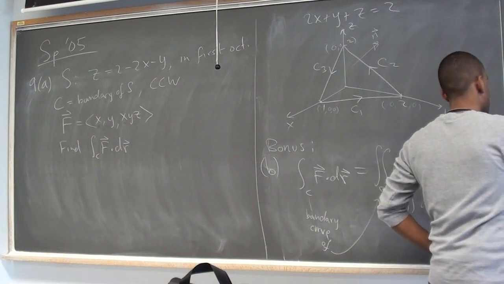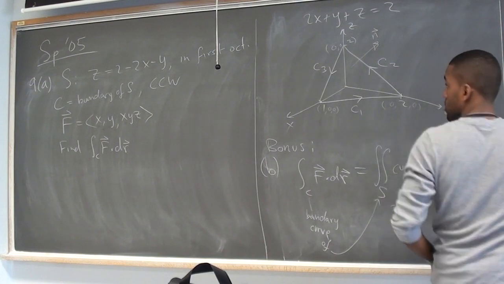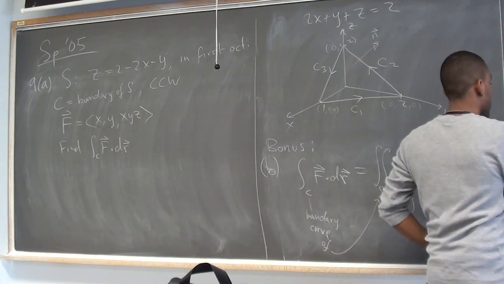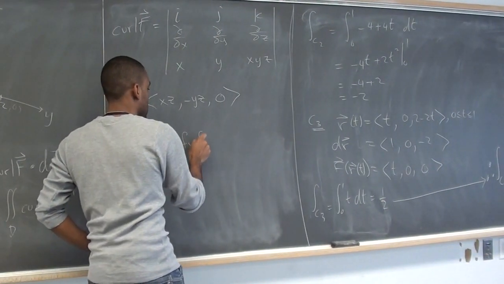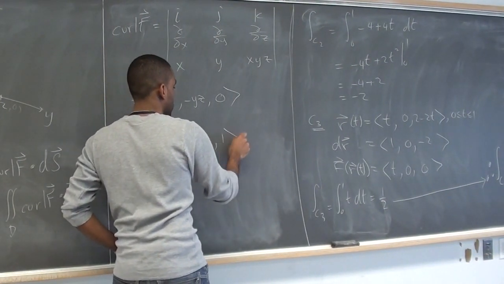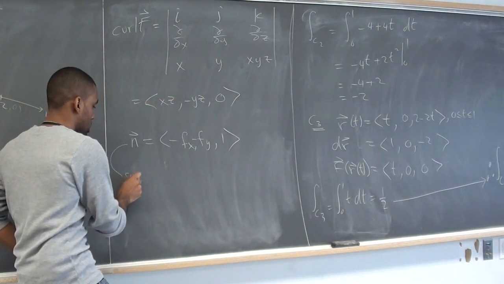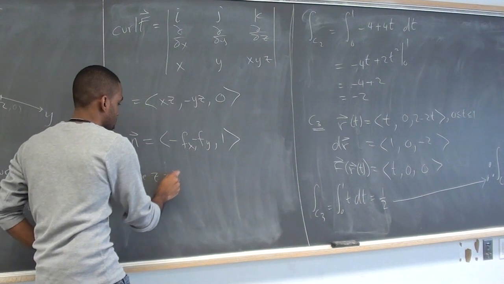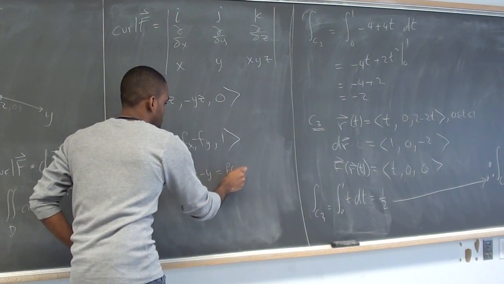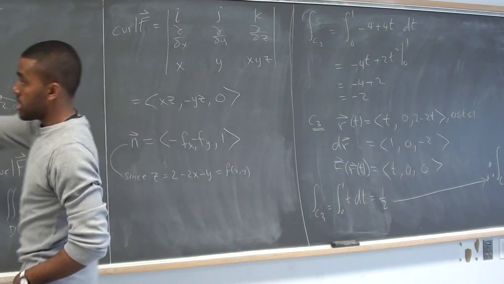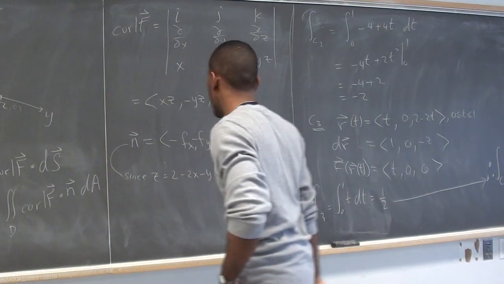And so for my F dot dr, let's find the normal vector. My normal vector I'm going to take to be minus f_x, minus f_y, positive 1, because in the beginning I was given z explicitly, so I can compute the normal vector that way, just make sure it's pointing up.